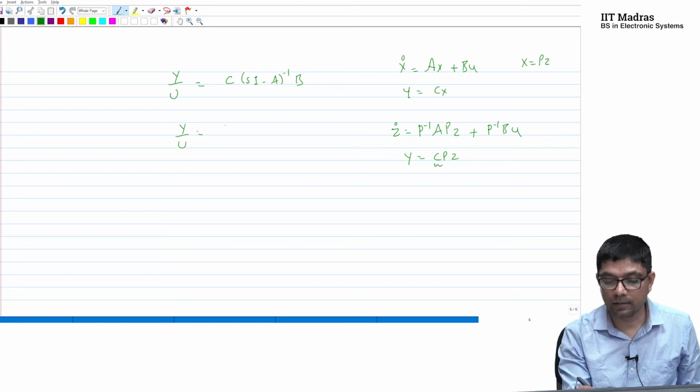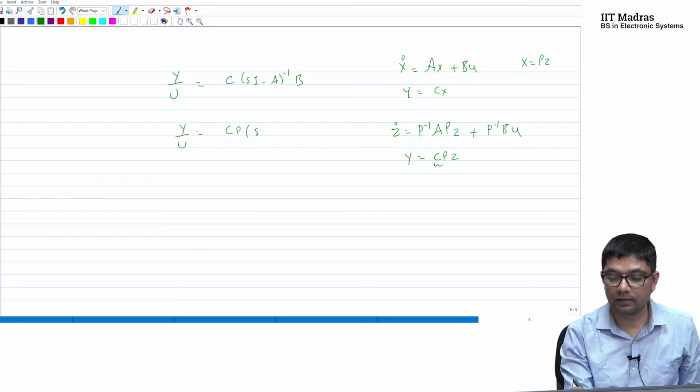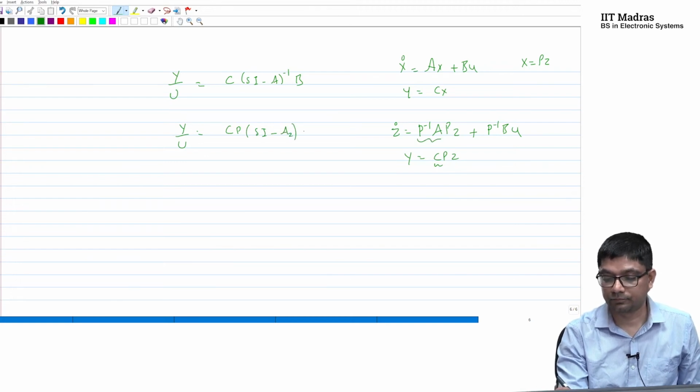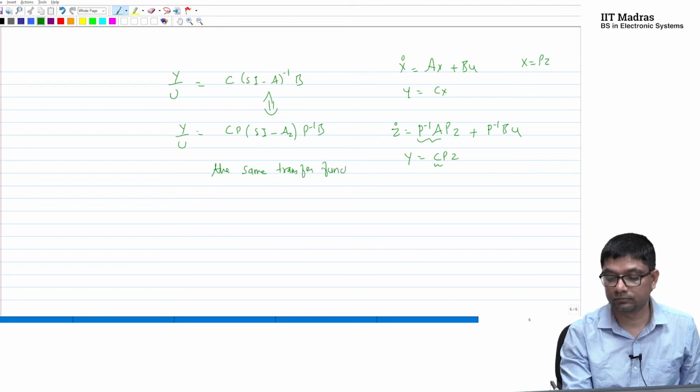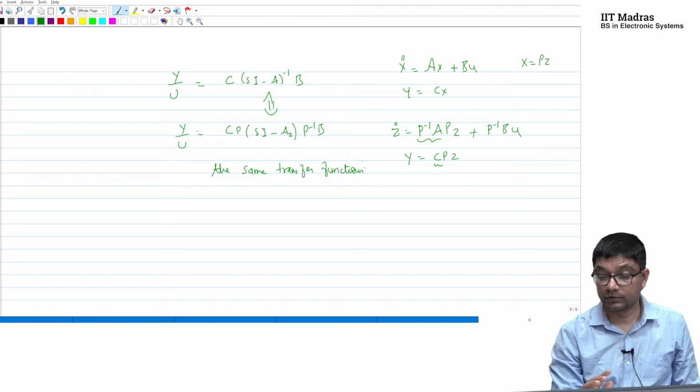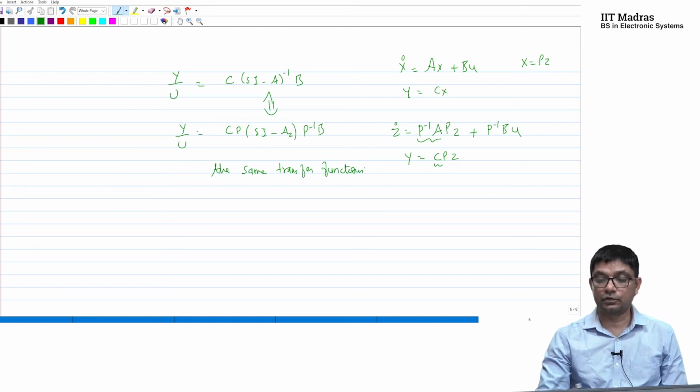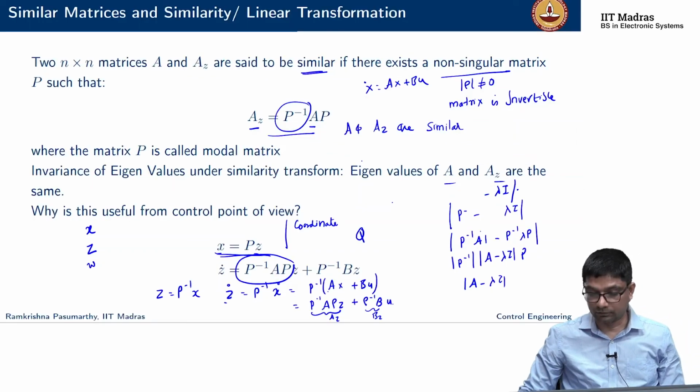This C, CP, (sI minus A), this is my new A, I will just call this Az, P inverse B. Simple computations will say that these are the same transfer functions. Nothing changes, right? So you can have infinite representations of the same system.